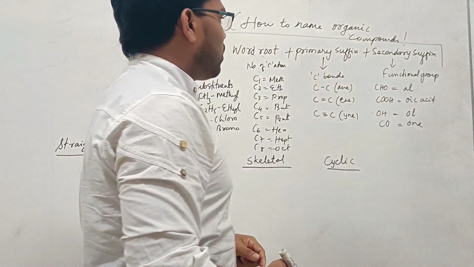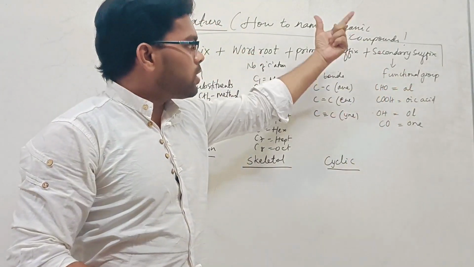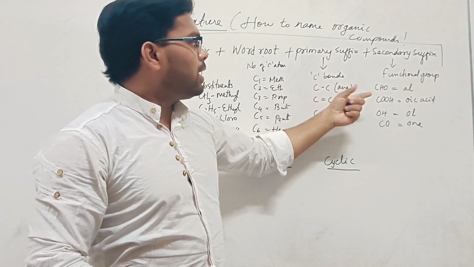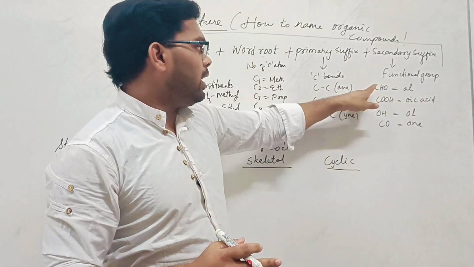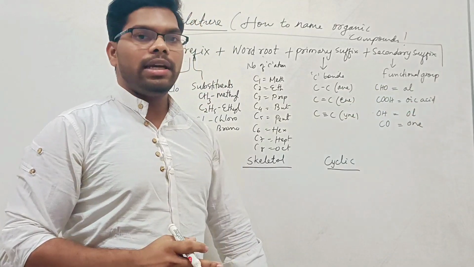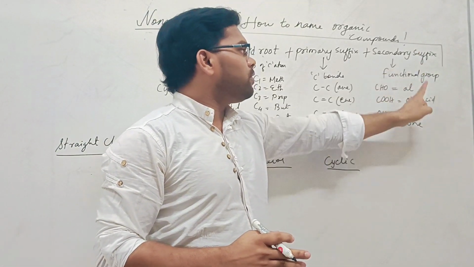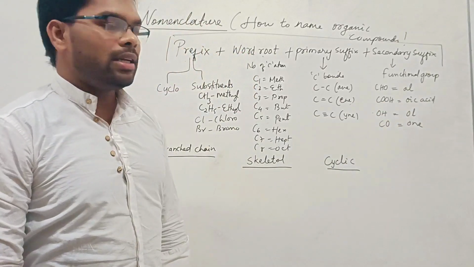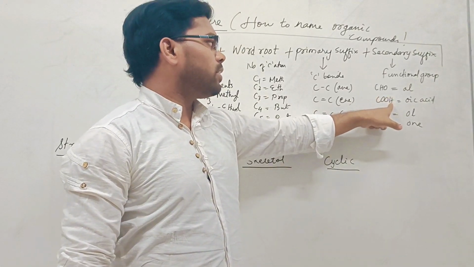And last but not least, the secondary suffix. Secondary suffix is meant for the functional group. Let's say in the organic compound you find the CHO group. This group is called aldehyde group. We use the suffix al. This is called carboxylic group, COOH.